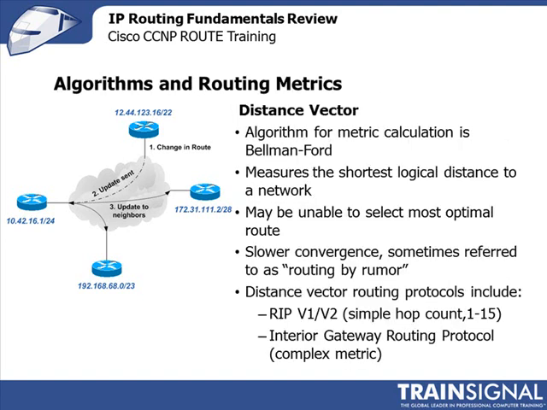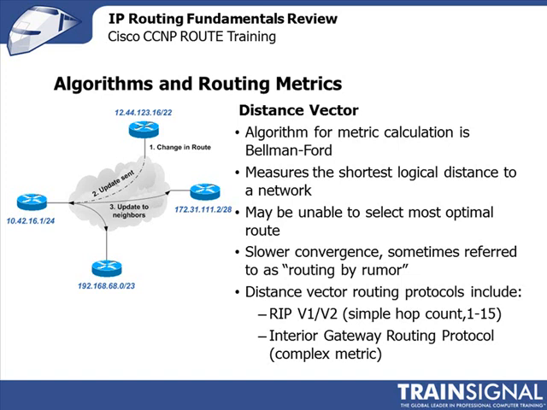Algorithms and routing metrics. Different protocols use different algorithms and routing metrics to be able to determine what constitutes the most optimal route. They're all designed to measure different things. For instance, the first protocols ever in use for IGPs were distance vector. And the algorithm for metric calculation in distance vector is the Bellman-Ford algorithm, named after the people that came up with it.